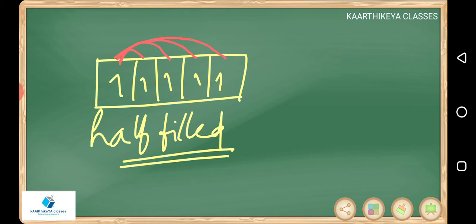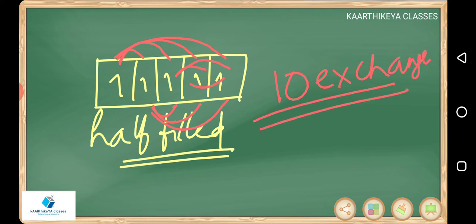In the same way, the second electron can exchange with the next 3. This can exchange with these 2, and it can exchange with this one. So the total number of exchanges possible here is 10. The more the number of exchanges, the more the energy loss. When more energy is lost, more stability will come.